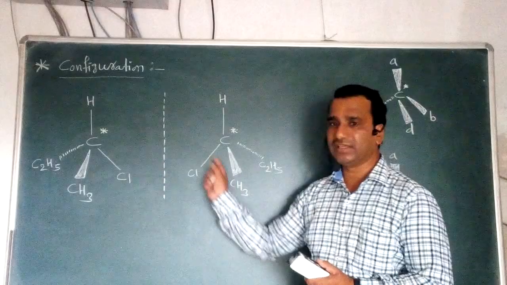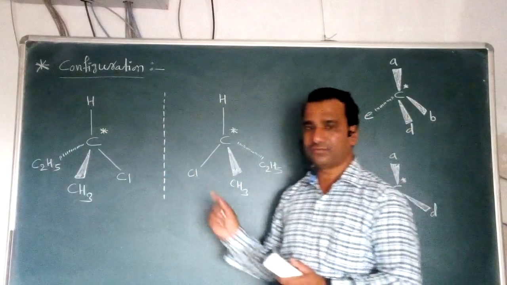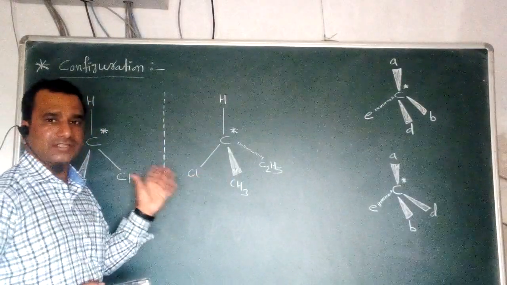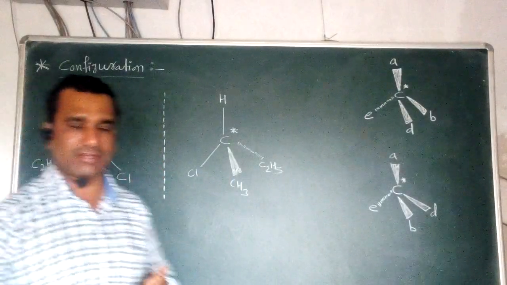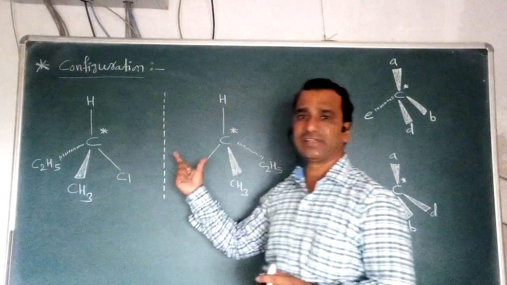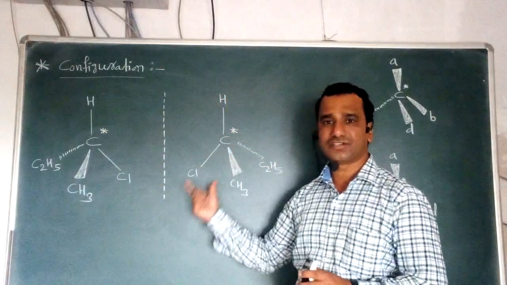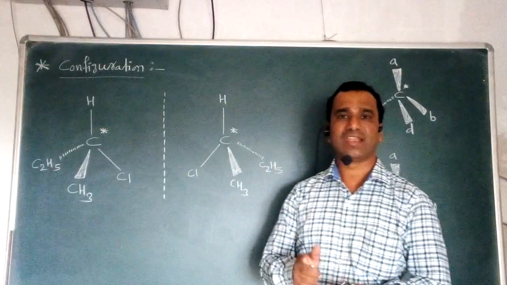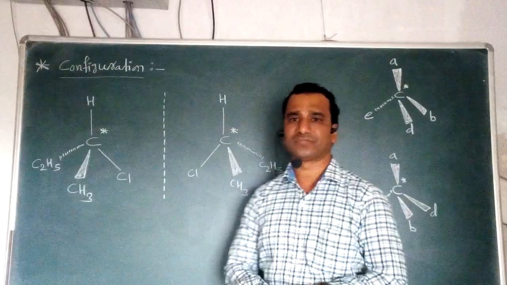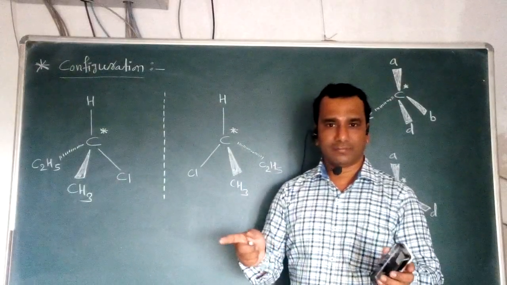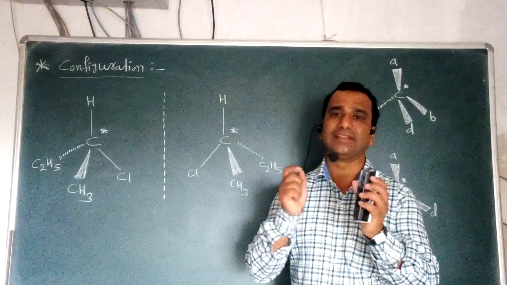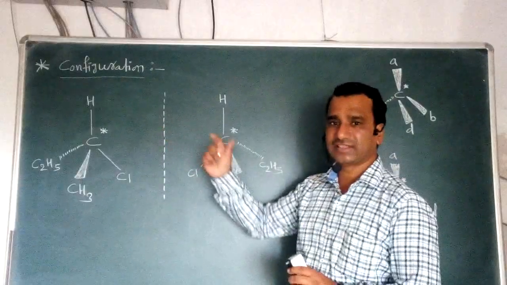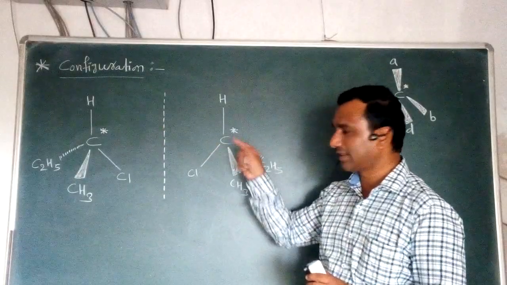If we compare these two, these mirror images are non-superimposable, and that's why these two isomers are called enantiomers. A pair of enantiomers has the same molecular formula and the same bond lengths and other properties, but they differ in only one property, and that property is the different spatial arrangement of atoms or groups surrounding the chiral center.